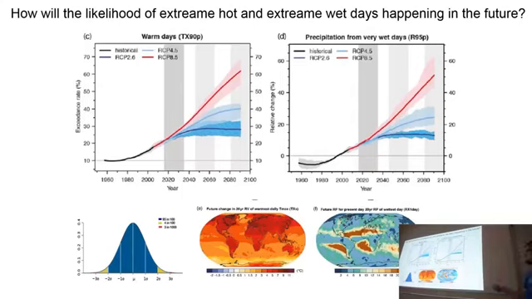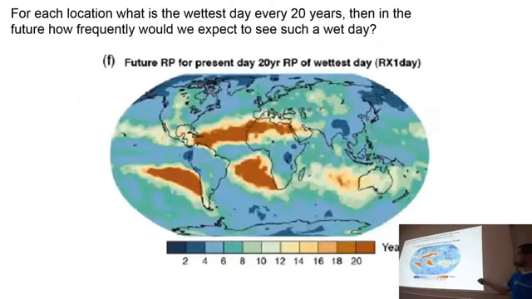So in these blue regions, we'd expect that instead of seeing it every 20 years, we would see it every 2 years. So that's a massive increase in the wetness of these regions. Whereas in other regions, down here, they stay at once every 20 years or get longer, so the likelihood of these extreme events goes down, or it gets drier. So that's explaining this.